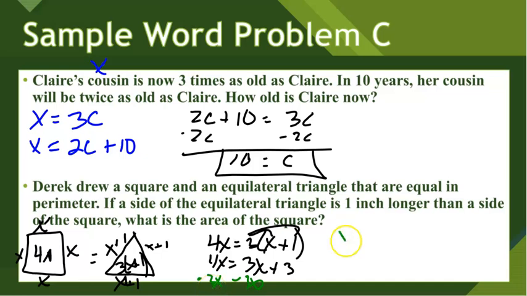We're now left with x equaling 3. And if x equals 3, I can now find the area of the square. So I would just have to take 3 times the 3, and that gives me 9, and it would be 9 square inches. So that is our lesson on solving multi-step equations.